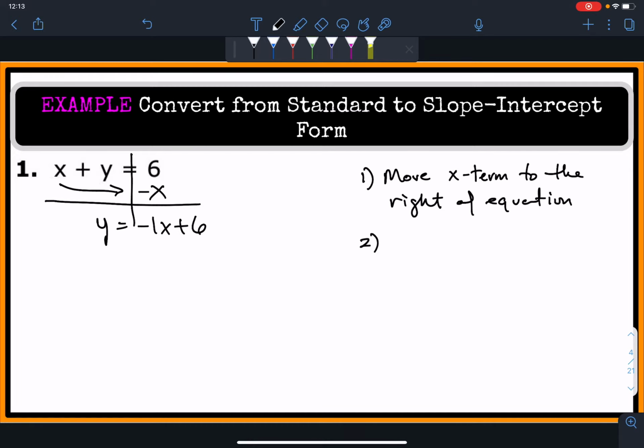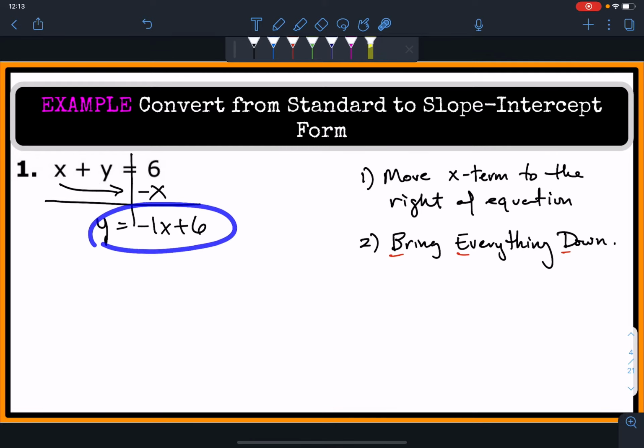Our second step is to simply bring everything down, meaning that nothing gets combined. These two terms do not get combined, and it's not going to equal 5x or 7x or anything like that. The y is not going to be combined with anything, so we're going to end up with simply 1y right there.